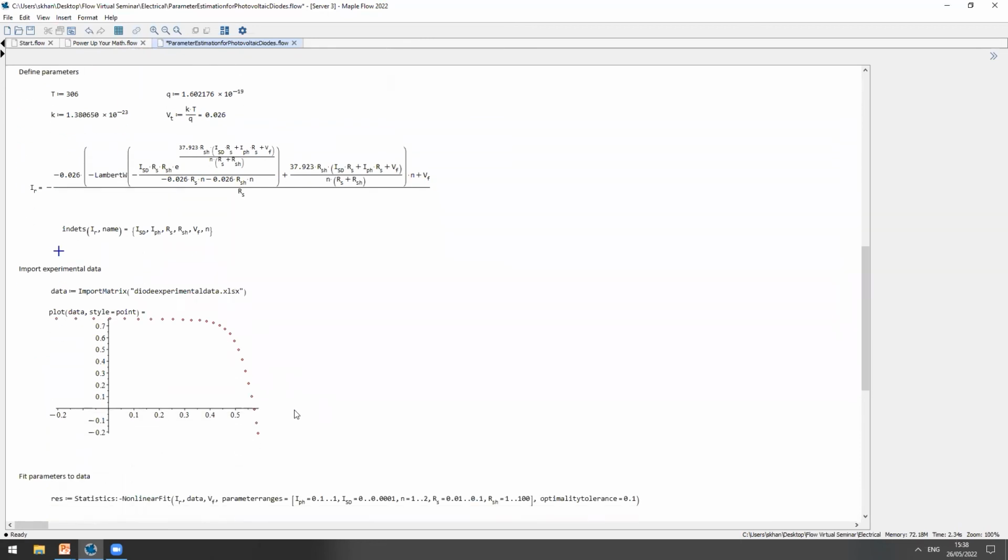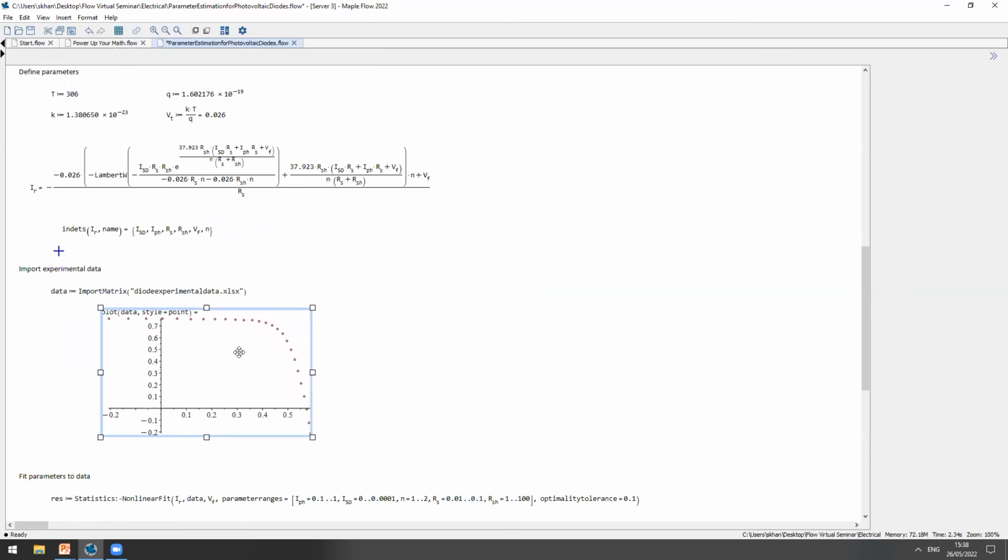I then start by importing some experimental data from a spreadsheet file, a .xlsx file, and I plot that data here.